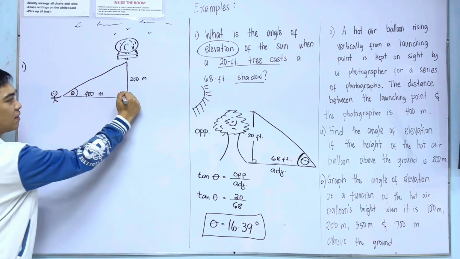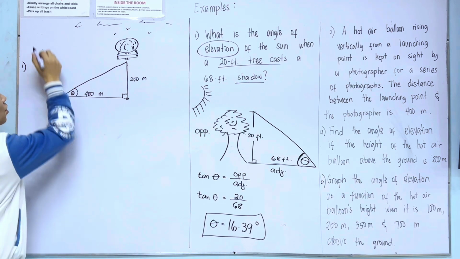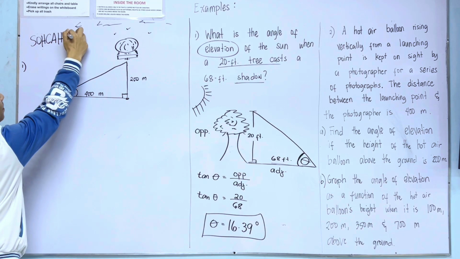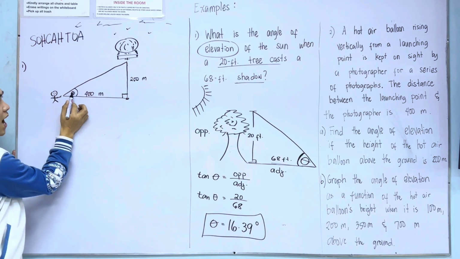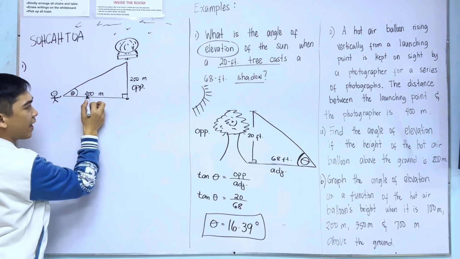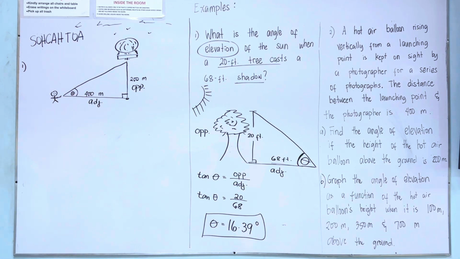From the given, ano yung makukuha nating information using the SOHCAHTOA? Tangent. Tangent pa din. So we have opposite and adjacent. Siya pa din. Tangent na naman.